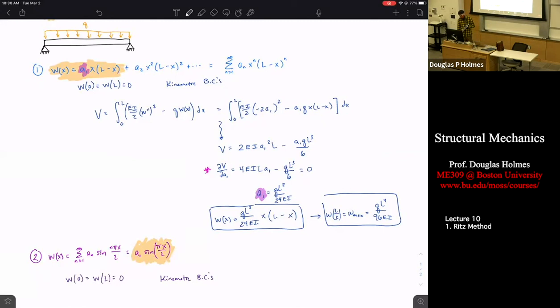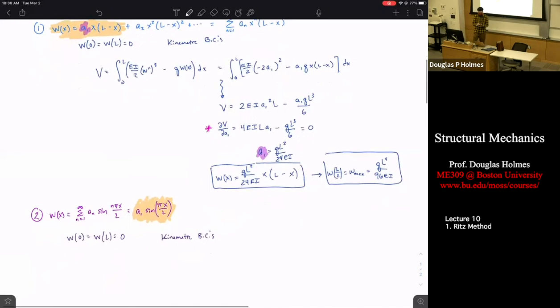All right, we're back. What did folks get for A1 using this guess?